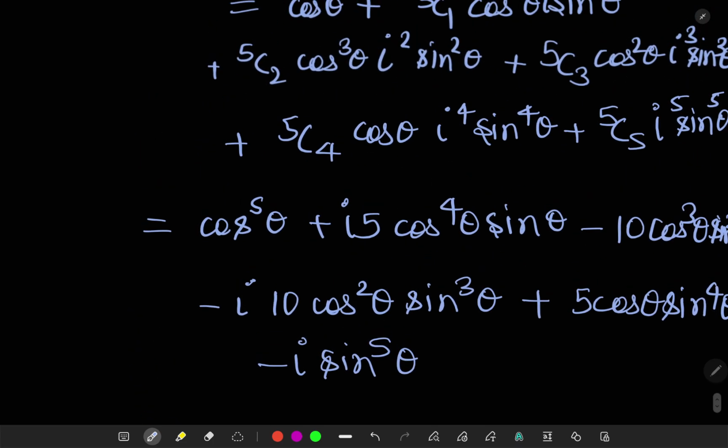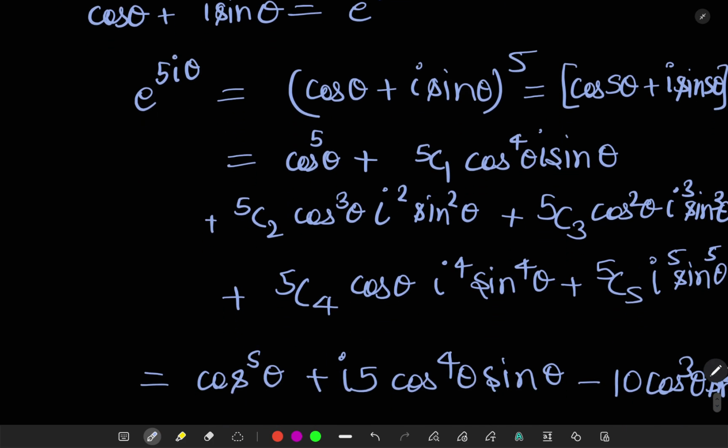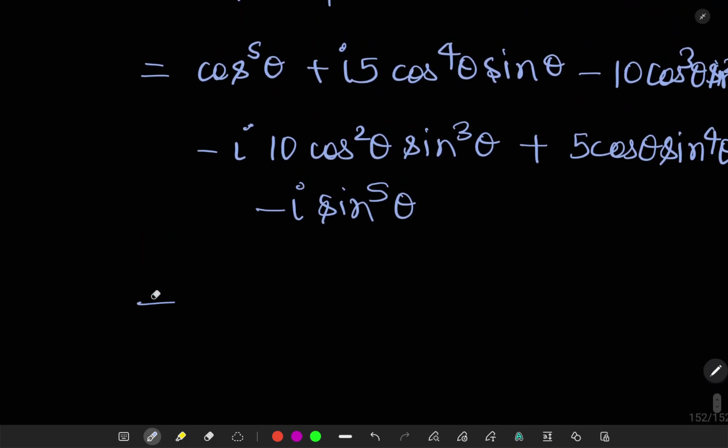Now here you can see, if we use De Moivre's theorem, this term becomes cos 5 theta plus iota sine 5 theta. So we can write in place of e raised to power 5 iota theta, cos 5 theta plus iota sine 5 theta, which is equal to this term.